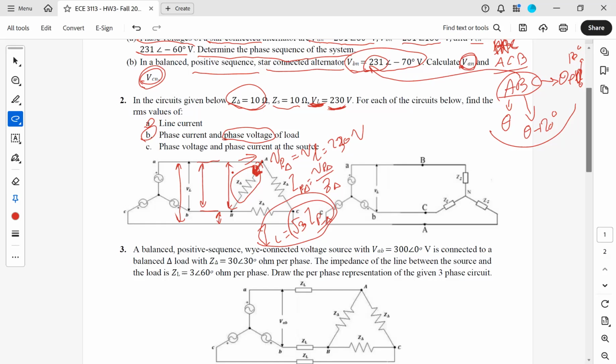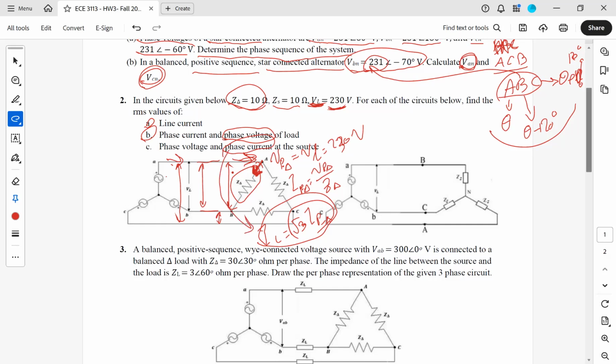For part C, the phase voltage and phase current at the source: since the source and the load are in series, the line current in the load is going to be equal to the line current in the source. And we know for the star connection, line current is the same as phase current. So this phase current is going to be equal to this line current.